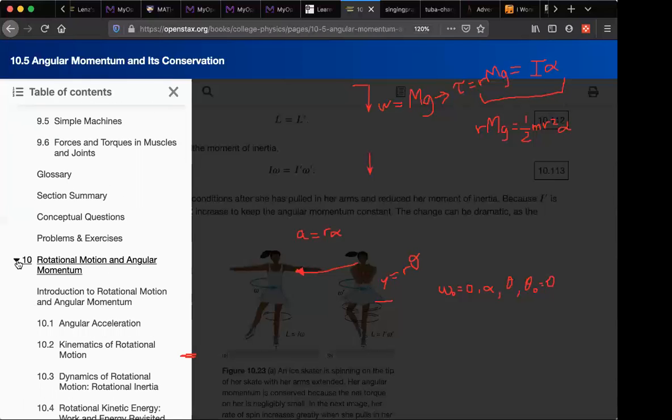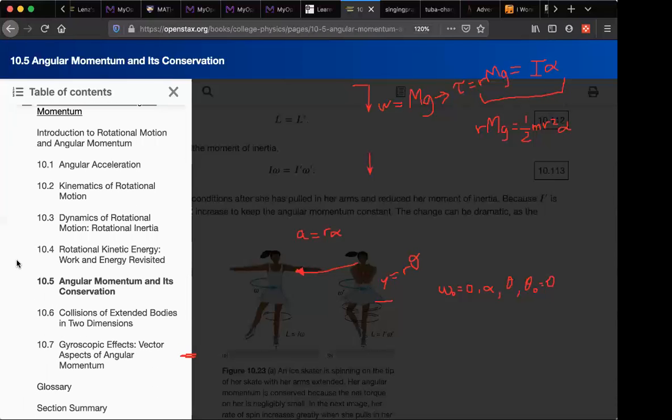Not till chapter 10. And then of course, in chapter 10, we went on to discover things like the moment of inertia, which helps us connect torque to angular acceleration, and also helps us connect angular momentum to angular velocity.